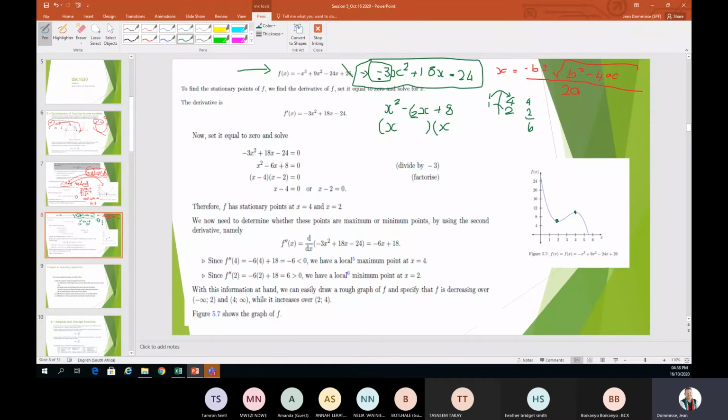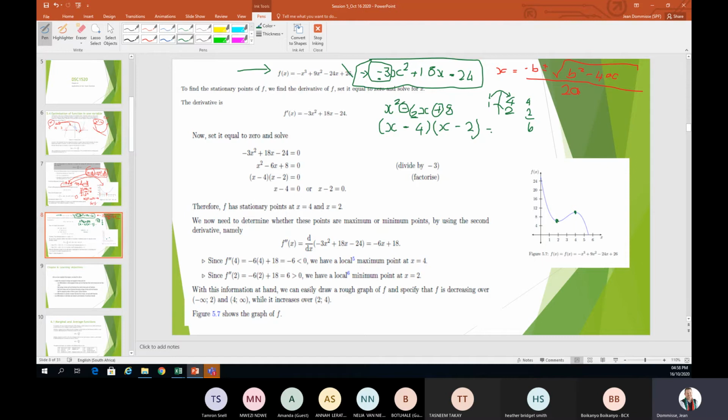So then I know I am getting my middle term. On the one side it will be 4, on the other one it will be 2. Again, just the signs: that one is negative, so there needs to be a negative at one of them. Because that is positive, this one also needs to be negative, because a negative times a negative gives you the positive. So my one term is x minus 4, my other one is x minus 2.